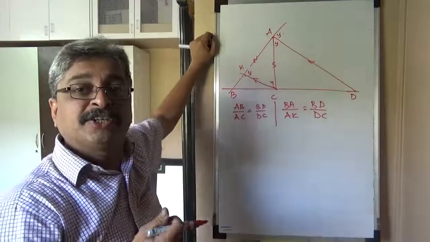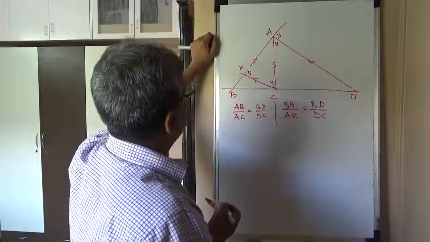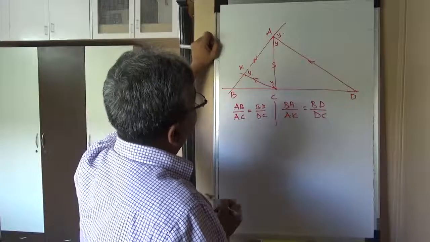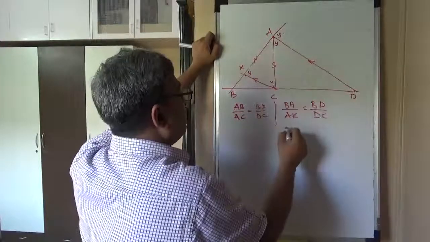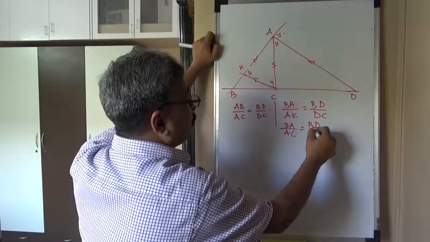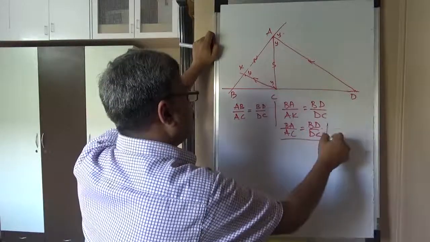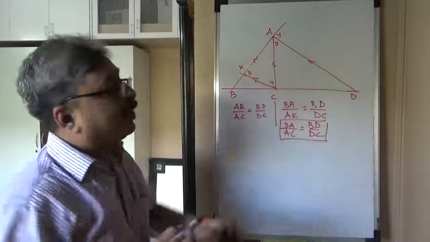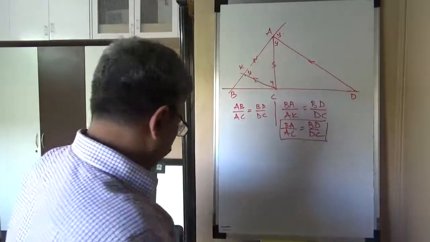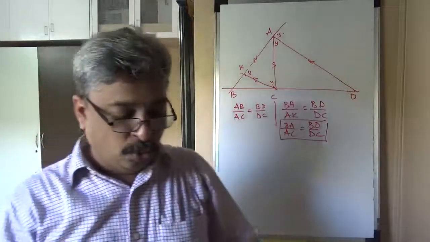So this is the extension of BPT that we have done. BA upon AK is equal to BD upon DC, but AK is equal to AC. BA upon AC is equal to BD upon DC. That is what we wanted to prove. So for the exterior angle also, the angle bisector theorem continues to remain true.